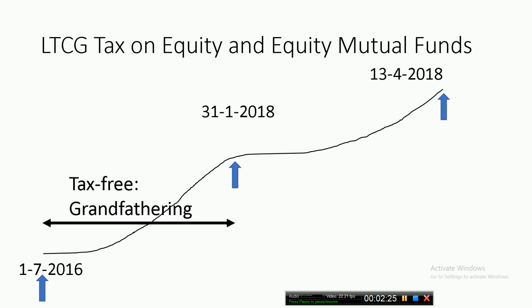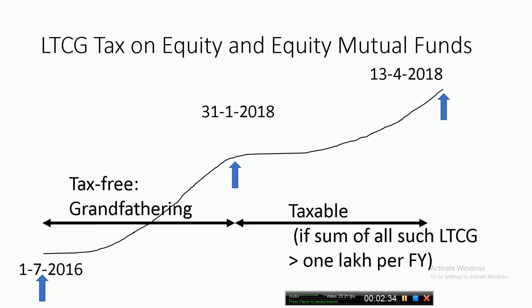Now notice that between April 2018, when we are going to sell, and January 2018, there is some profit. This profit is taxable if the sum of all such long-term capital gains is greater than 1 lakh per financial year. So for example, if this profit between April 2018 and January 2018 is 50,000, it is not taxable.